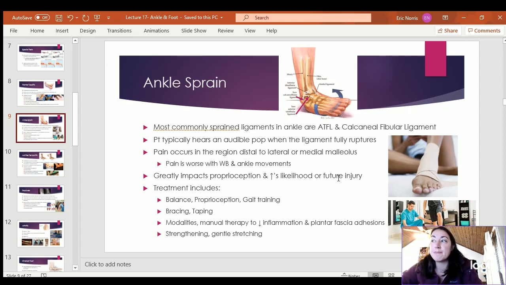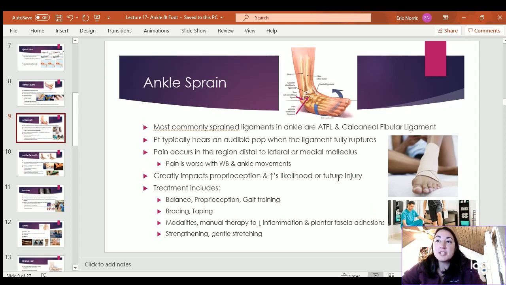So bracing and taping are good, especially initially. Even after, if it's a chronic ankle sprainer, then they may need to wear some type of brace every time they play their sport or do any type of running, lateral movements, jumping, working out, things like that.